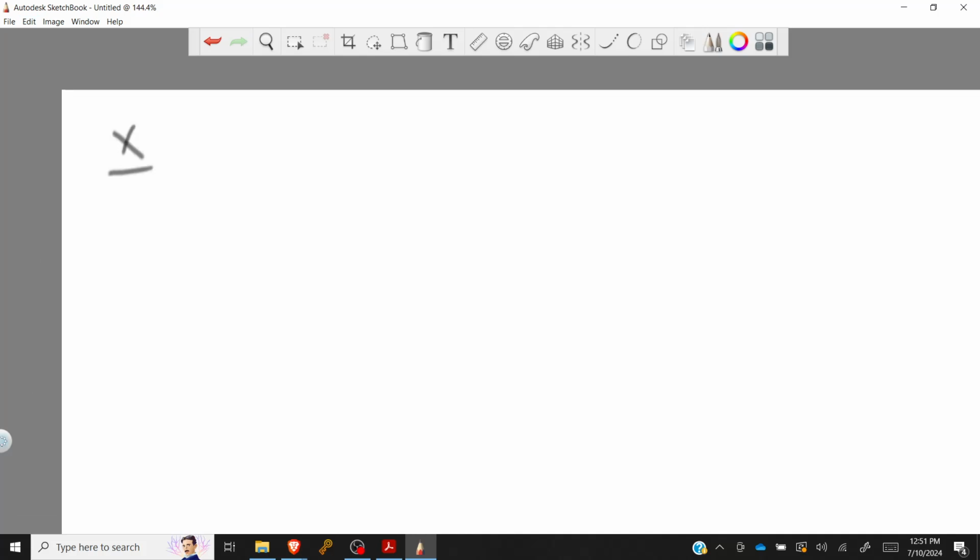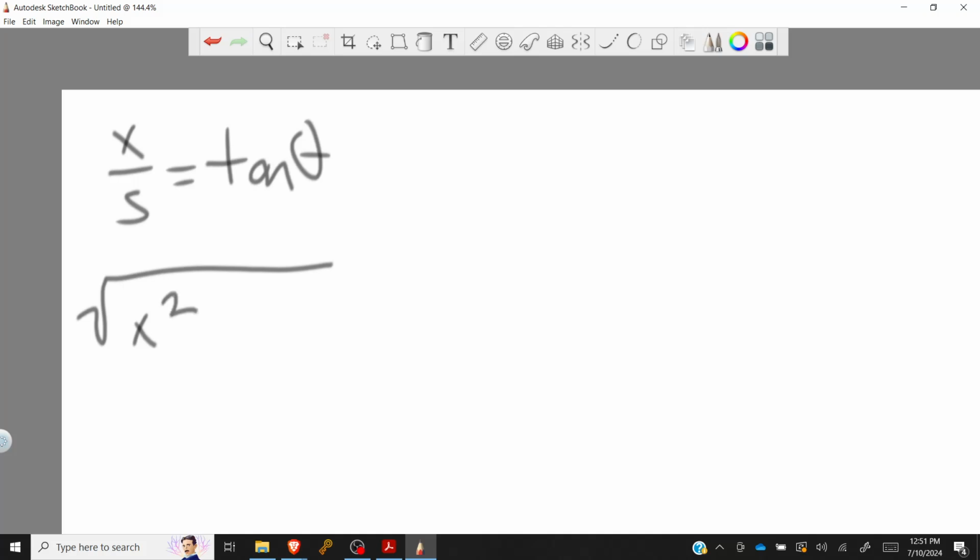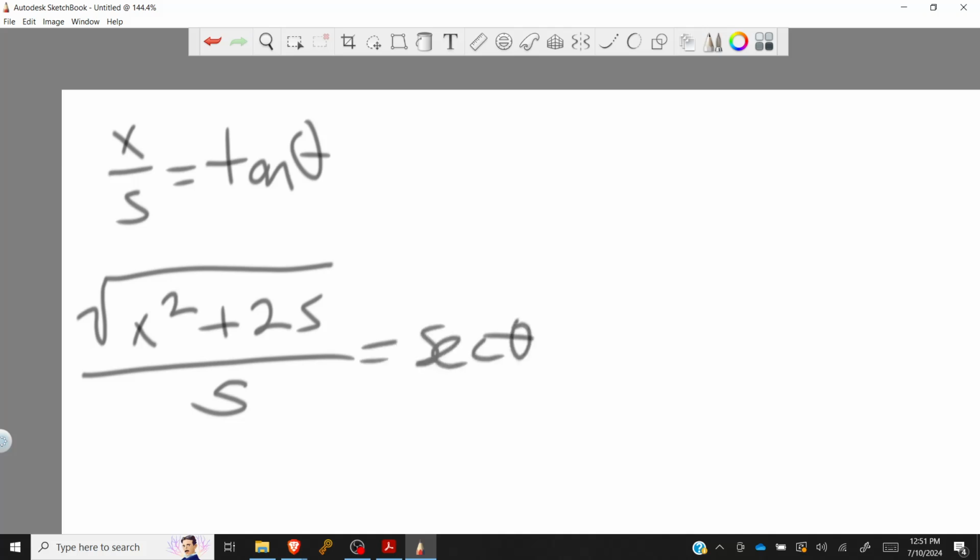So we had x over 5 equals tan, and the square root of x squared plus 25 over 5 equals secant. And our entire integral measured out to negative 1 over 25 times 1 over sine.